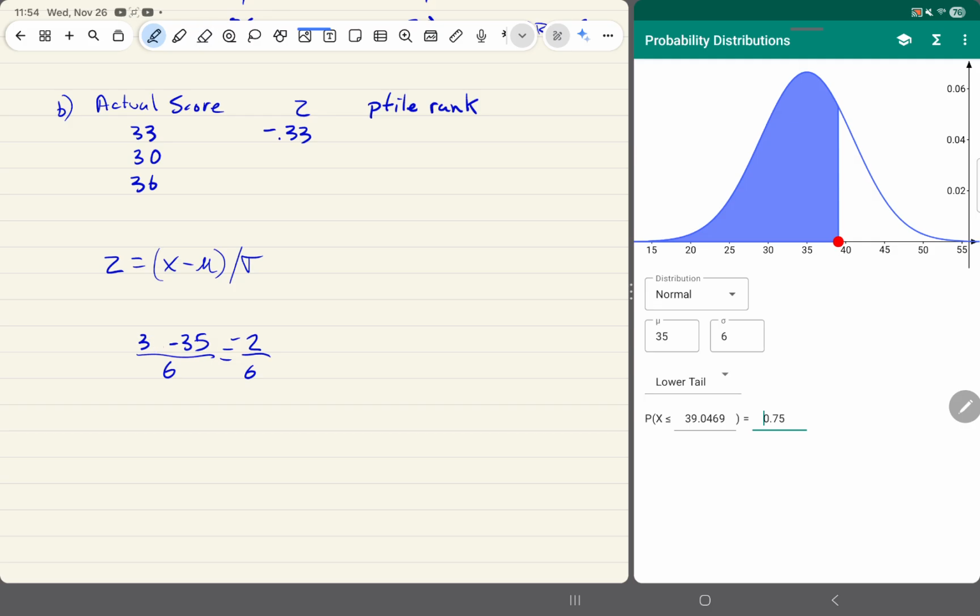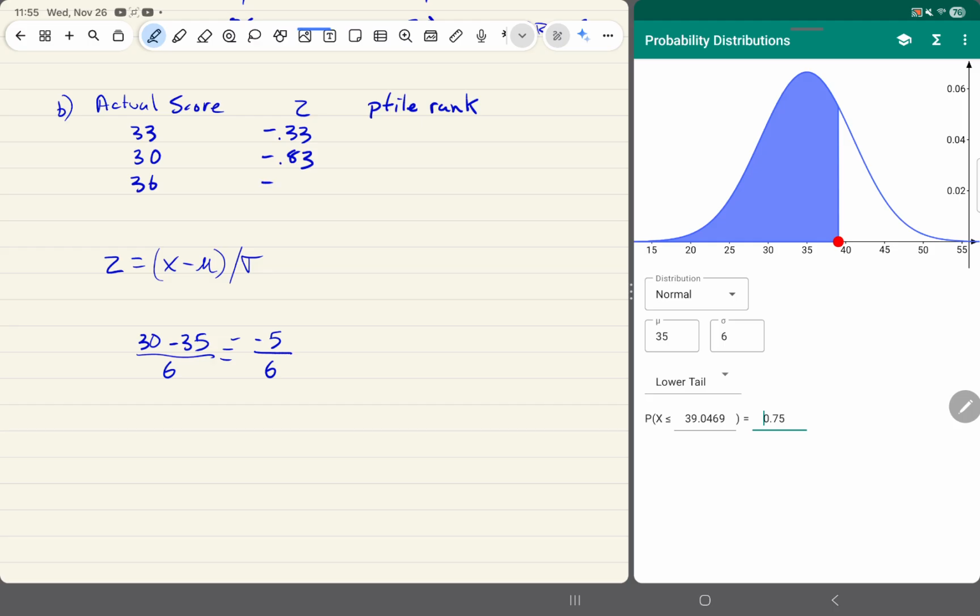And the next one, 30 minus 35 divided by 6. So that will be 30 minus 35 is negative 5 divided by 6. And that is equal to negative 0.83. Let me check that. Okay, that checks out.